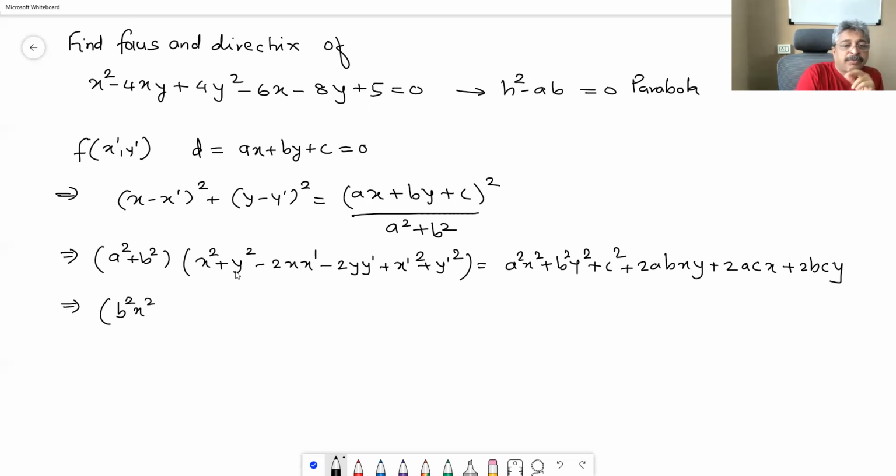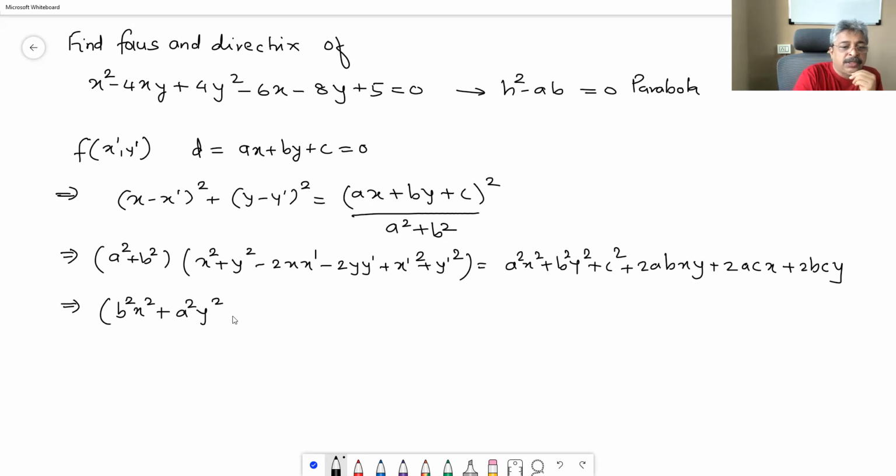Coefficient of y square, if I want to collect, a square plus b square minus b square is plus a square y square. Now let me collect the coefficient of xy. xy is the only term in the RHS.